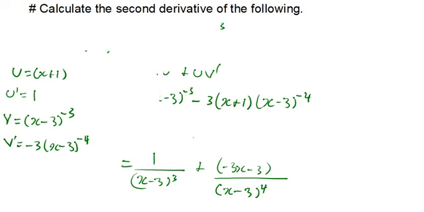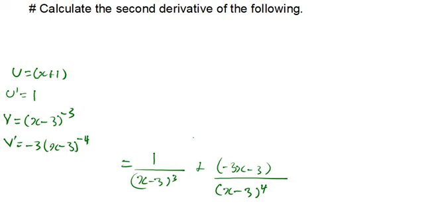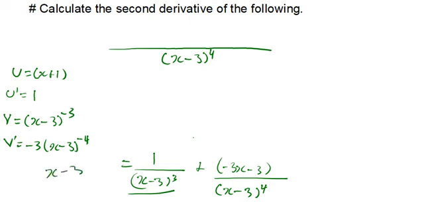So here the common denominator is (x - 3) to the power 4. So what we are saying is this: we are going to divide this one by this one, and you're going to remain with (x - 3). Multiply by 1, that would be (x - 3), like that.